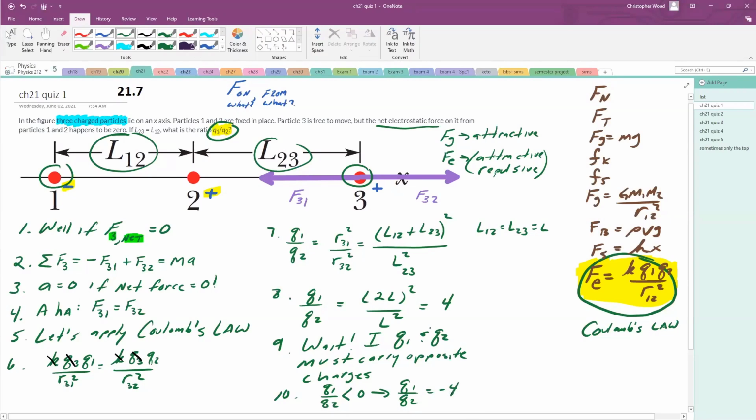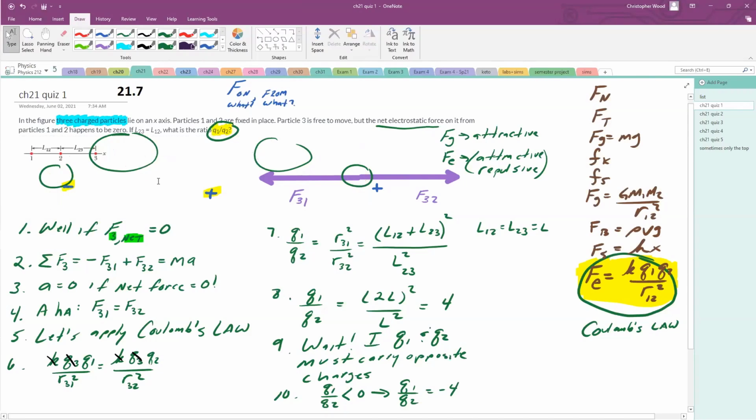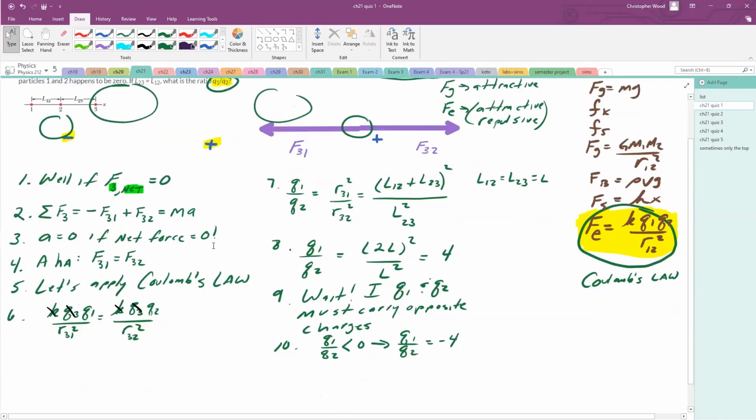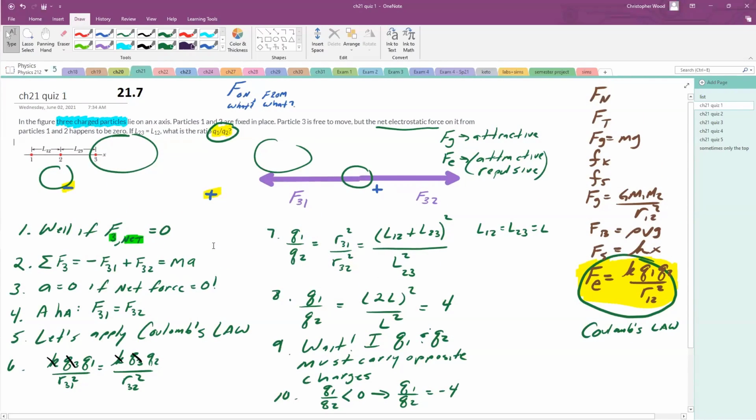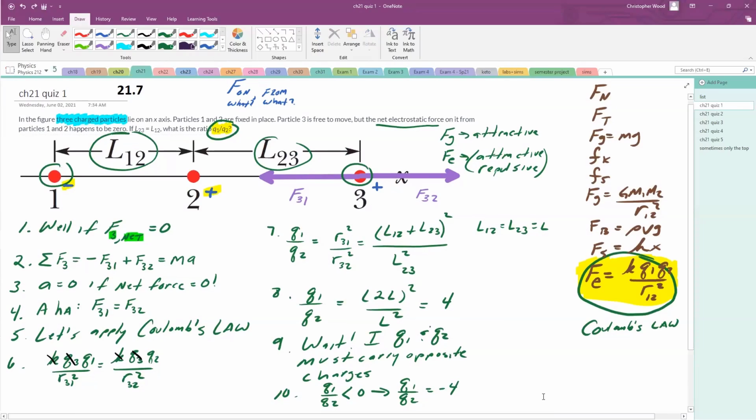You could say the magnitude of the ratio is 4, but I believe Wiley Plus wants you to carry along that sign. I think. Let me know if that's not right. But I believe they want us to carry along the fact that they're oppositely charged, and reflect that in that ratio. My tendency would just be to ask you for the ratio, but this is good. This is actually probably a better approach.